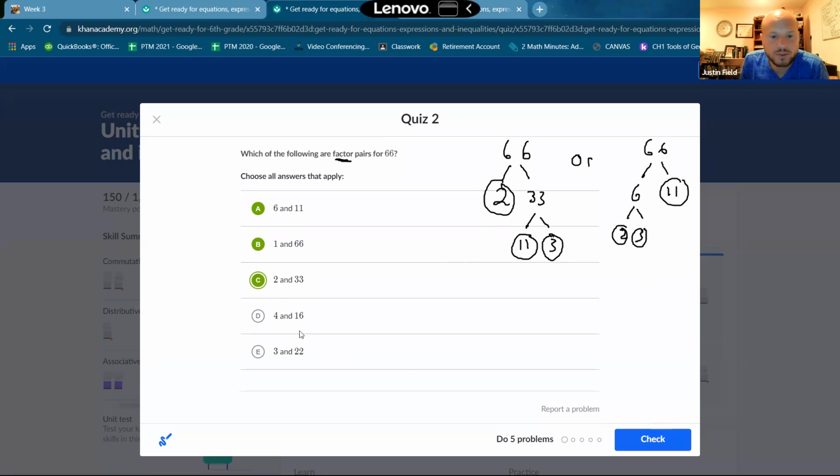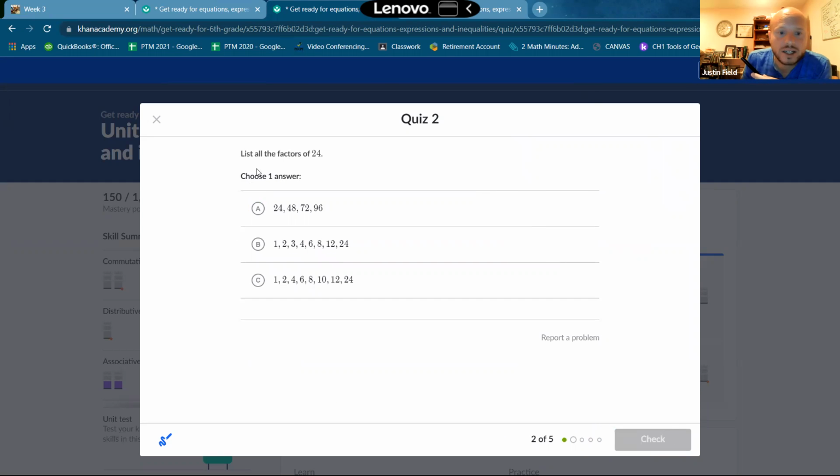So those are factor pairs. 4 and 16, no, because there's no numbers that would multiply to 16. And 3 and 22, yes, that would work because we have the 3 here. Check it out. We got the 3 here. And then if you multiply 2 times 11, that's 22. So this one had a lot of answers.